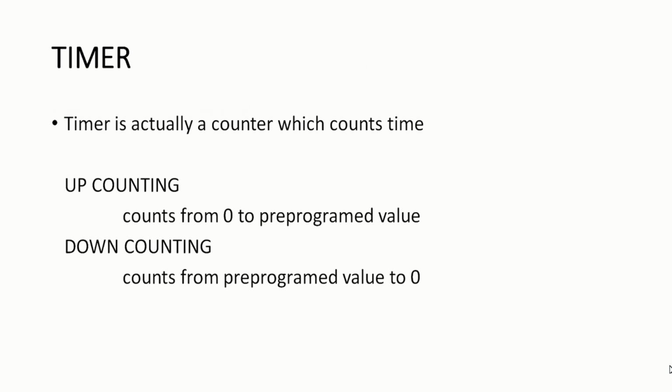So let's demonstrate and understand how a timer works in our STM microcontrollers. I am initially assuming the pre-programmed value to be 5. We call this pre-programmed value the period. As the timer starts counting, it starts from 0, as I mentioned, we are talking about the up counting method. It reaches 1, 2, 3, 4, and finally 5, which is the period value.